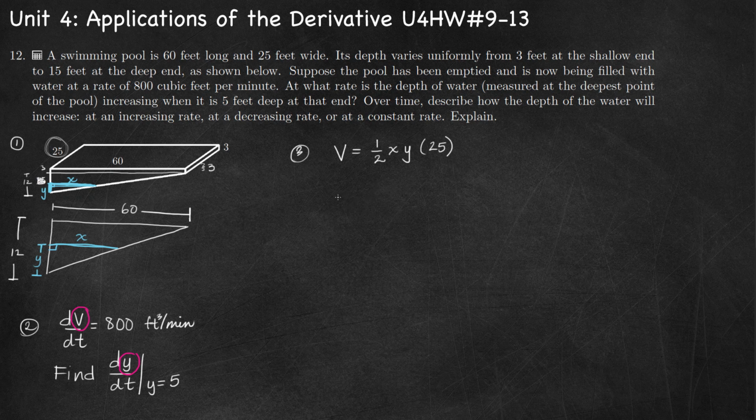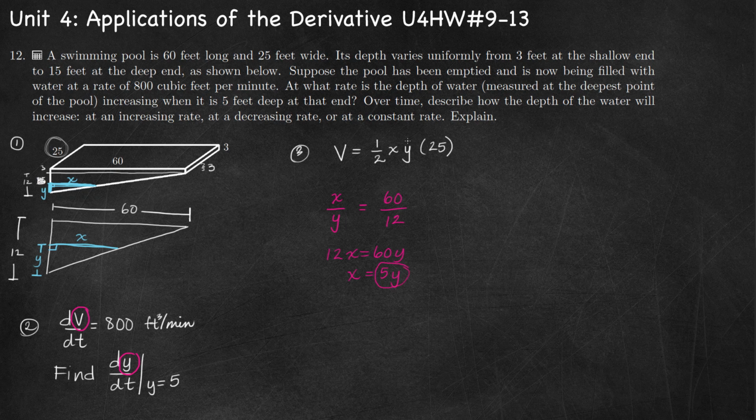So I have the ratio x to y, so that's in my smaller triangle, long leg over short leg, is equal to the ratio of long leg over short leg in the larger triangle that it is similar to. And we can solve this, multiply both sides by 12, multiply both sides by y. So I'd get 12x equals 60y, and then divide both sides by 12, I get x equals 5y. So now I know that x is equal to 5y.